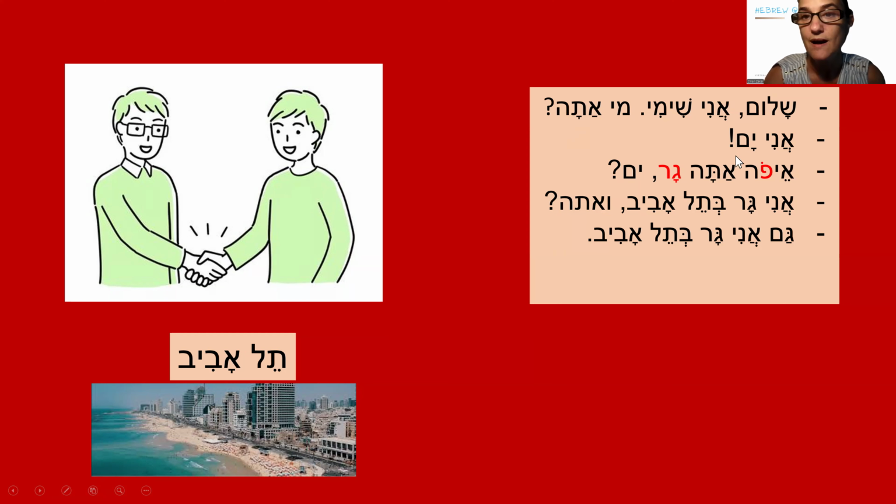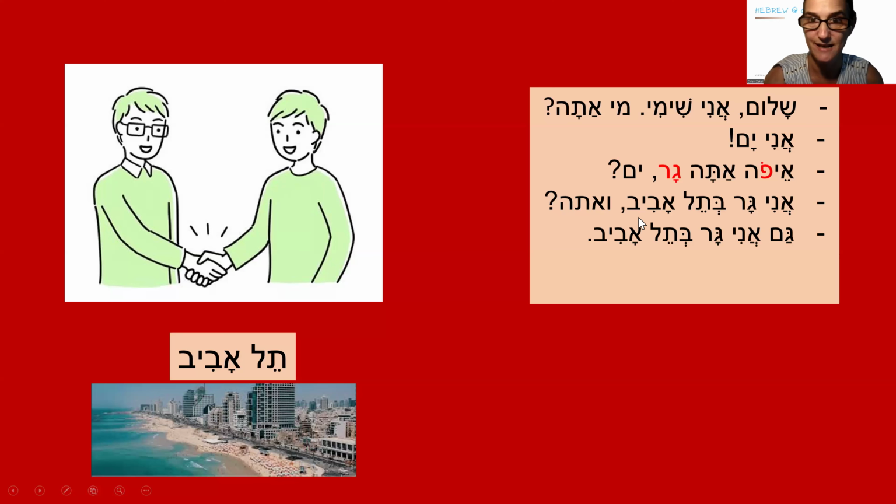איפה אתה גר? Where do you live? ים. איפה אתה גר? ים. אני גר בתל אביב. בתל אביב.